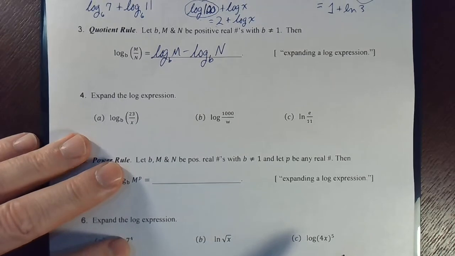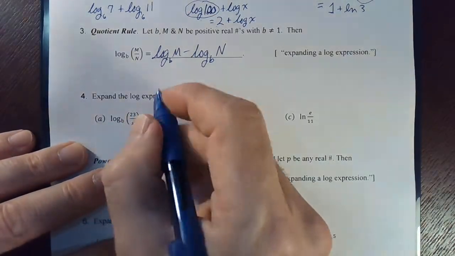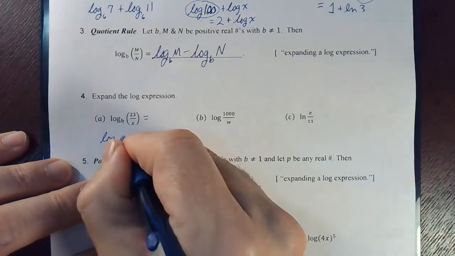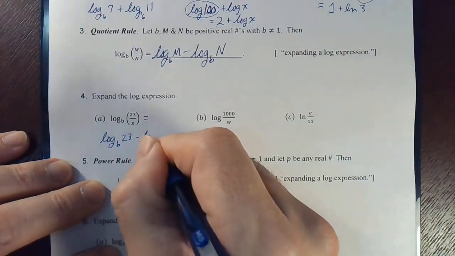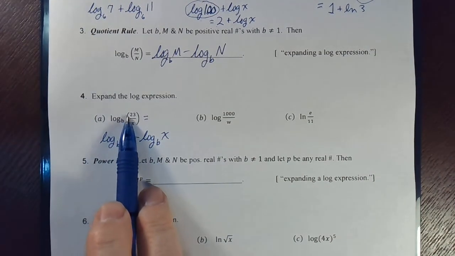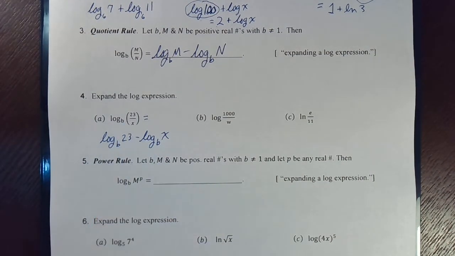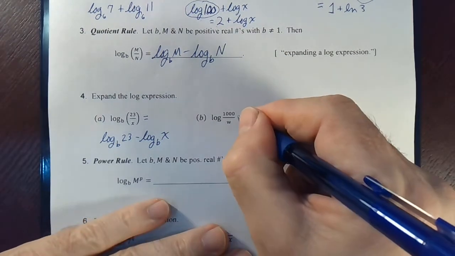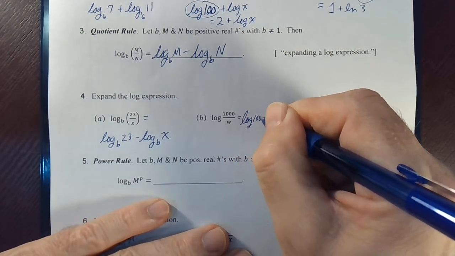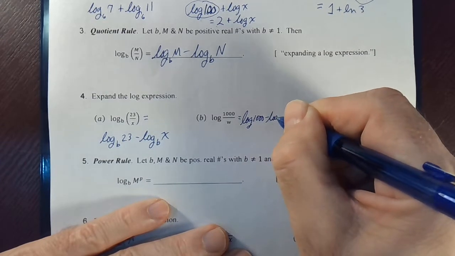A couple examples. This is very simply log base b of 23 minus log base b of x. Log of the top minus log of the bottom. This one gives us log of 1,000 minus log of w.